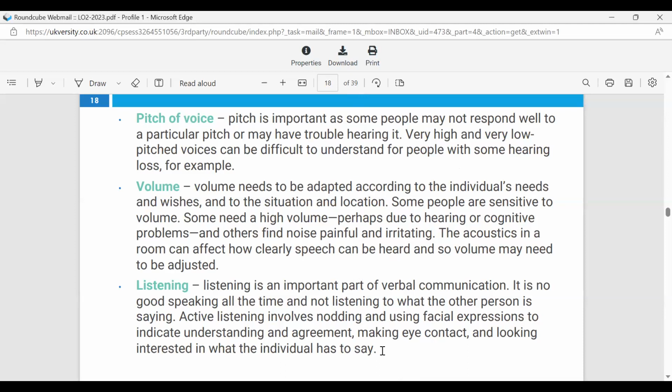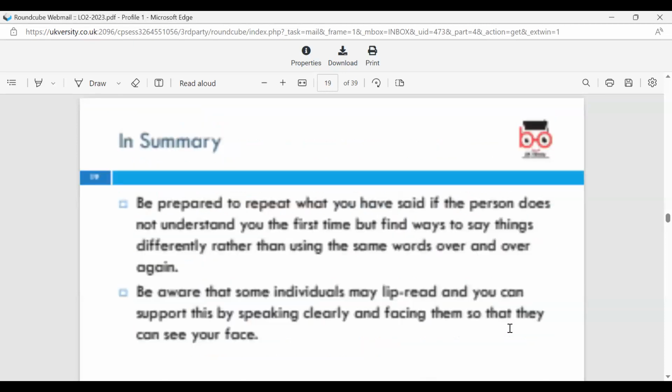If they've got any problems, you are listening to what they are saying, because some elderly people struggle to hear because of hearing and other things, and if they're wearing hearing aids, the volume affects it as well.